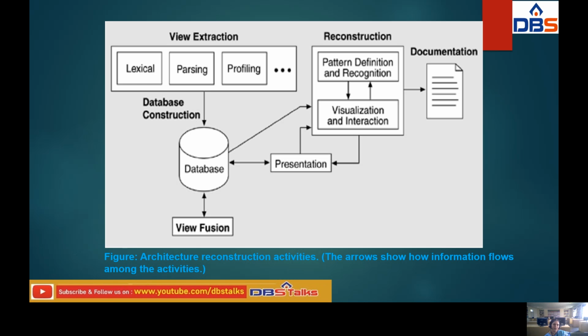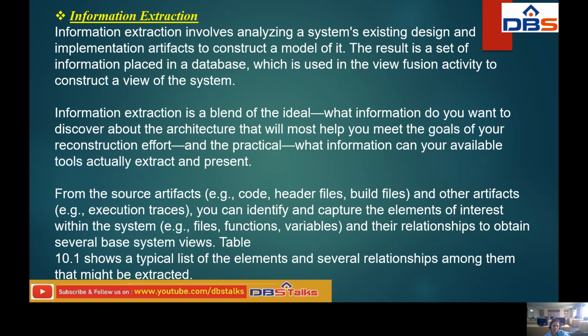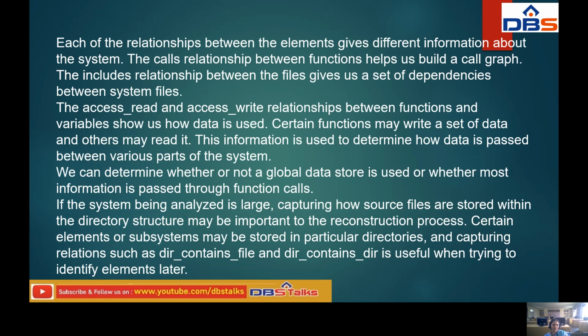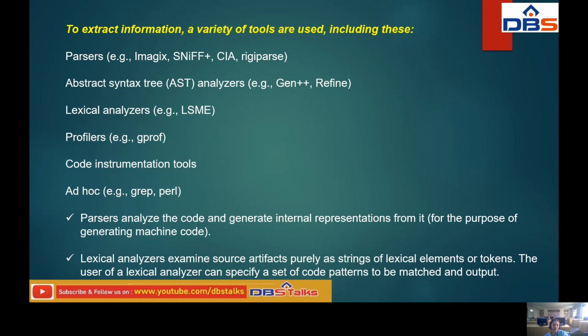In this class we discussed briefly information extraction: what it is, how we extract the information, and which tools we use. We also discussed a variety of tools like parsers, abstract syntax tree analyzers, lexical analyzers, profilers and code instrumentation tools, and ad hoc tools.